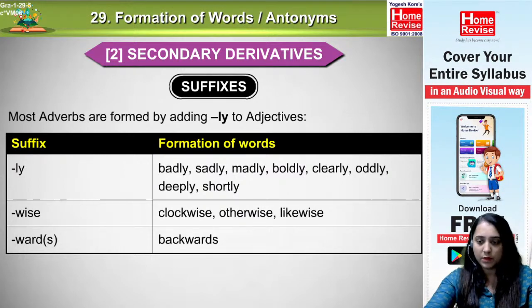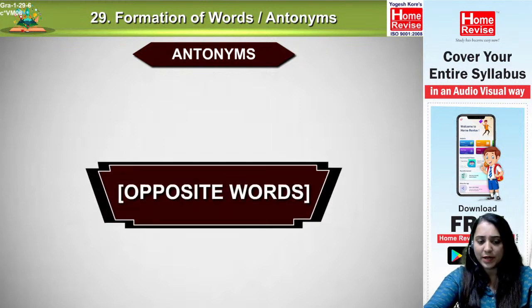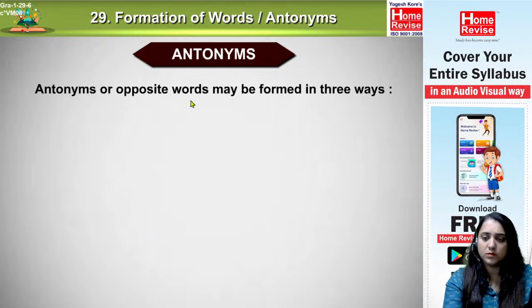Okay, now let's move on to the antonyms. Antonyms are nothing but the opposite words. Now we are going to hear about a few of the antonyms. Pay attention. Antonyms or opposite words may be formed in three ways. 1.